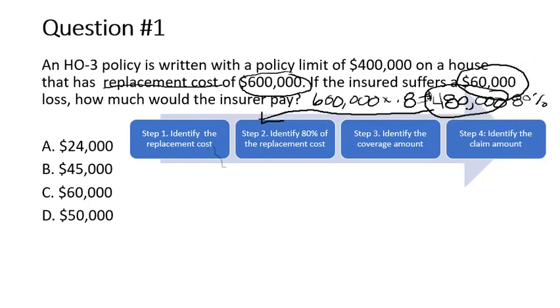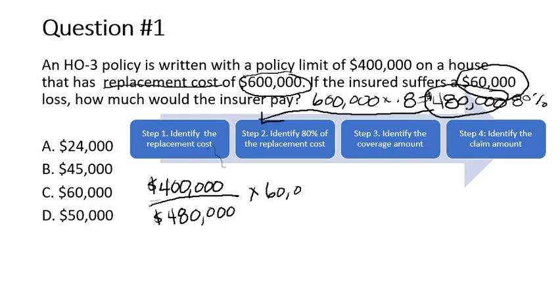Now we go for did over should times the claim. We did insure it for $400,000, but we should have insured it for at least $480,000 in order to get the full partial claim. And then we multiply that by the claim, which is $60,000.